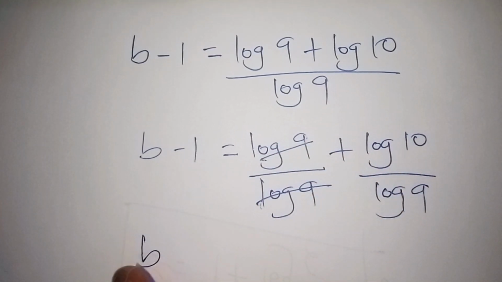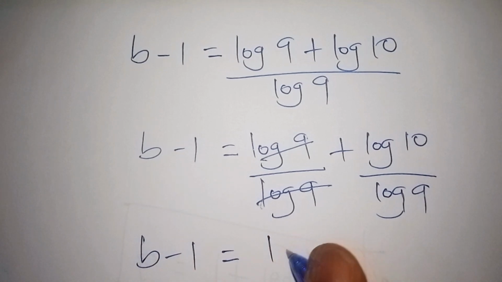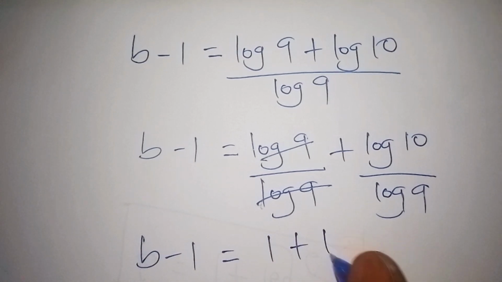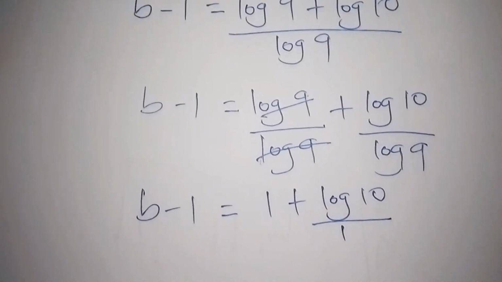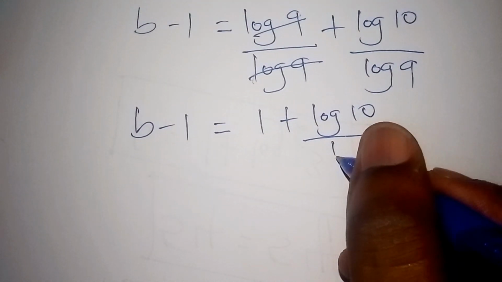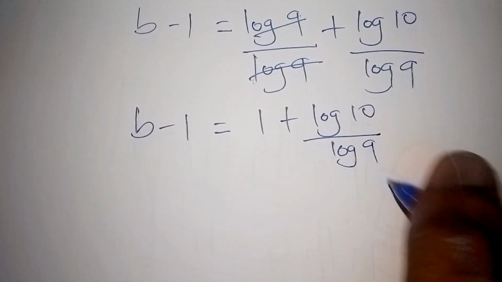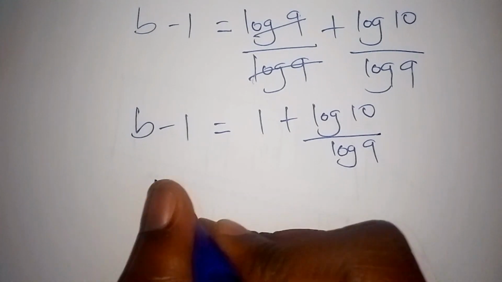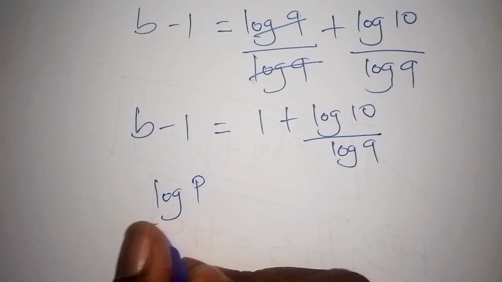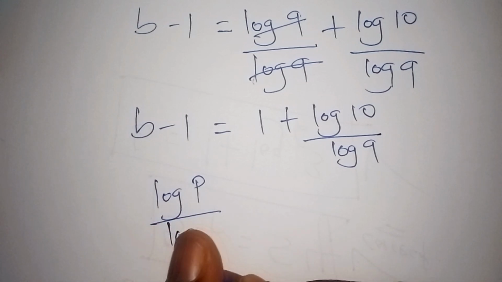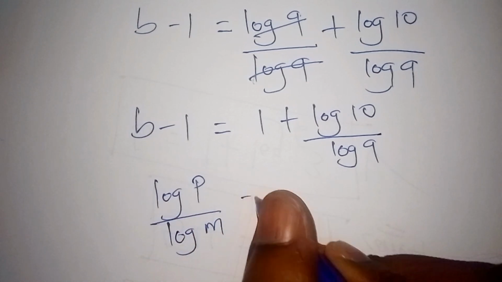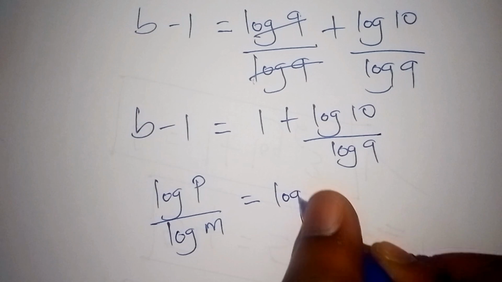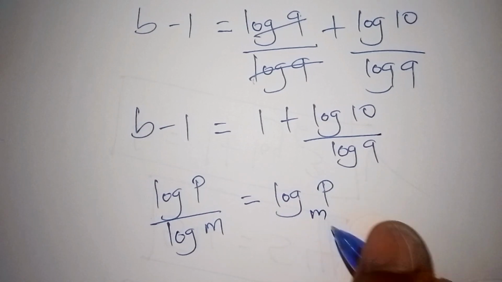So now b minus 1 is equal to 1 plus the log of 10 all over the log of 9. Suppose we have the log of p all over the log of m, this can also be written as the log of p to the base of m.